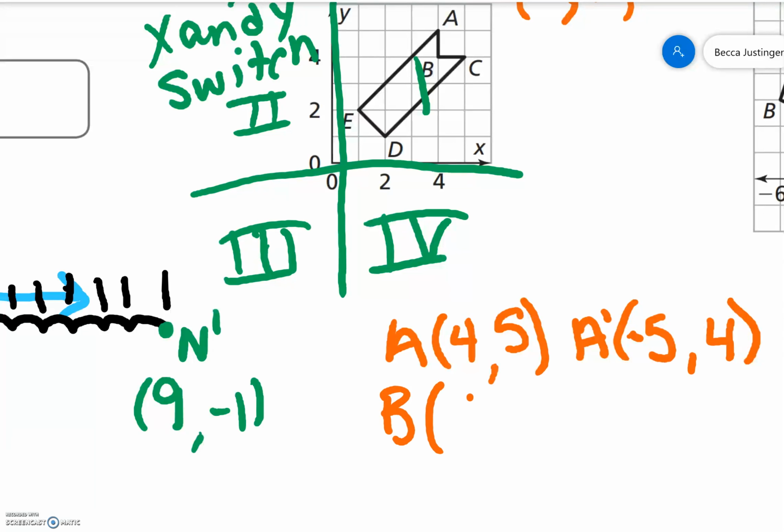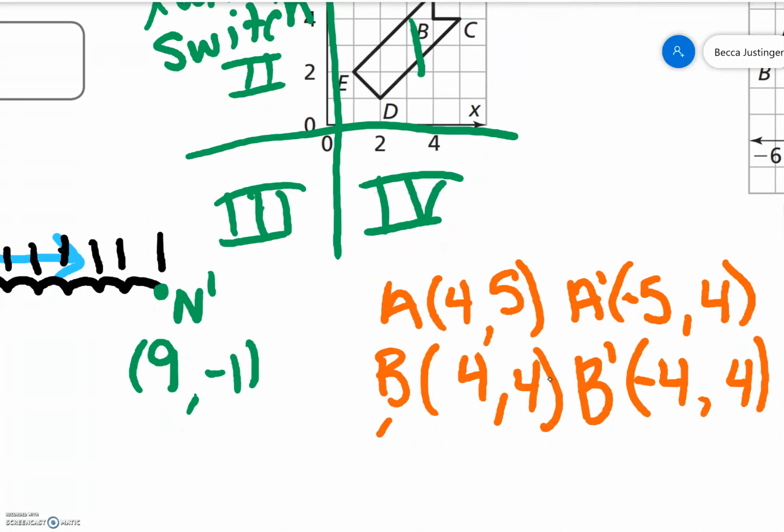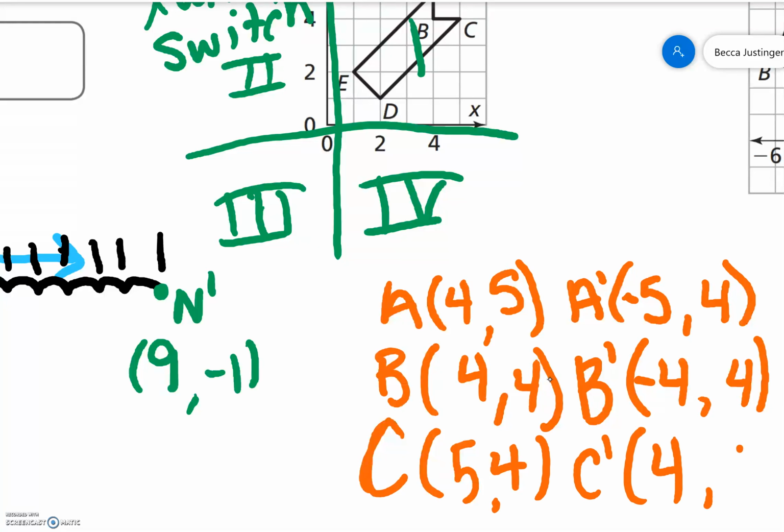B is at 4, 4. Turns into B prime. I switch X and Y, well, it's still 4, 4. But remember, the X is negative. C is at 5, 4. Which means C prime turns into 4, 5.